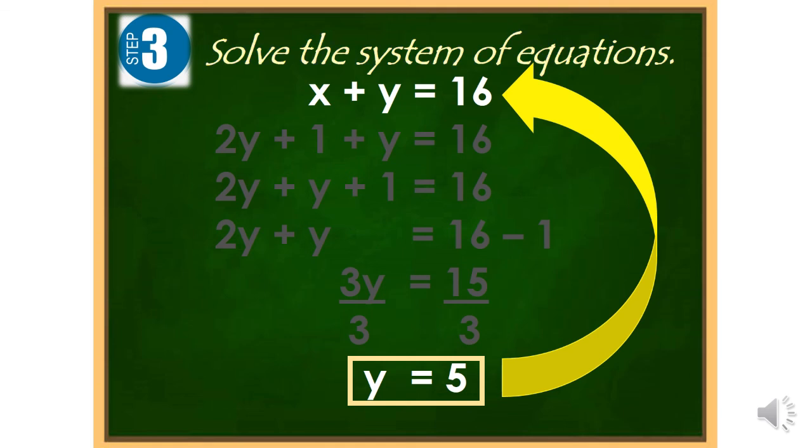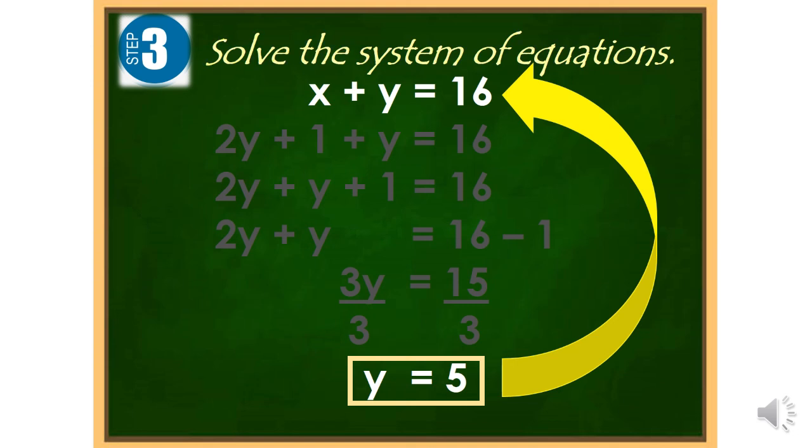Again, to get the value of x, we have to replace y, which is 5, in our first equation. And our first equation, as mentioned earlier, is x plus y equals 16.